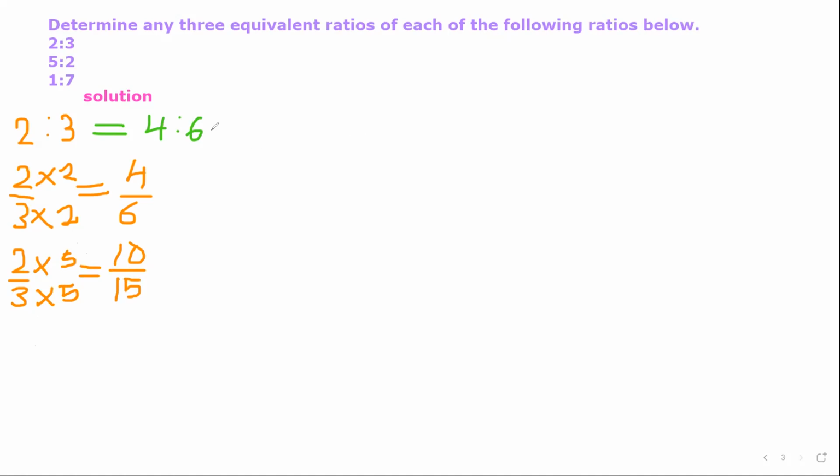So you can also write this one down: 10 to 15 is also another equivalent fraction of 2 to 3. Then you can also decide to write another equivalent fraction, but you just take any counting number. One is not bad. Any counting number to multiply both the numerator and the denominator of the fraction, because ratios can also be written in fraction form. So when you change to a fraction, you just multiply by any number, okay?